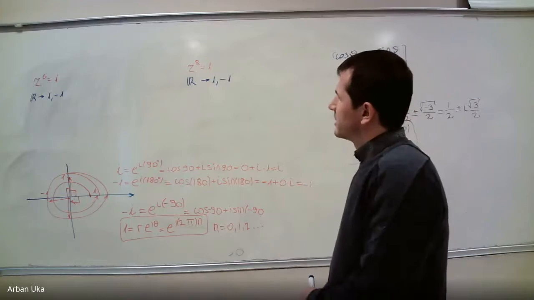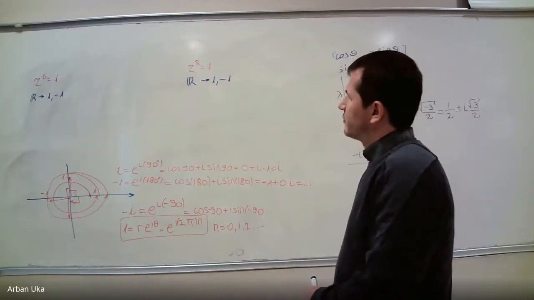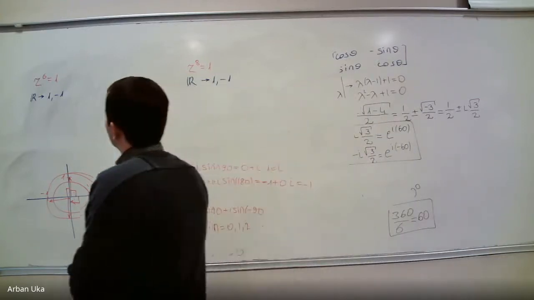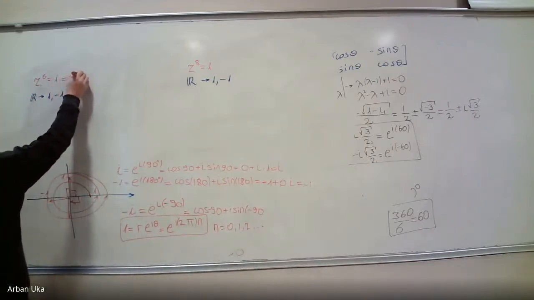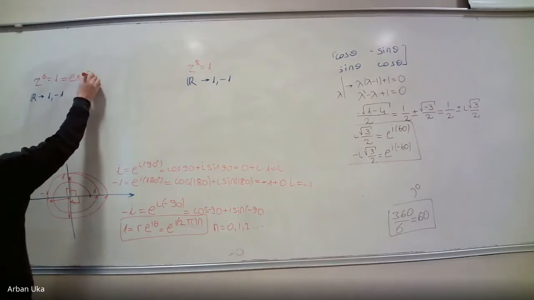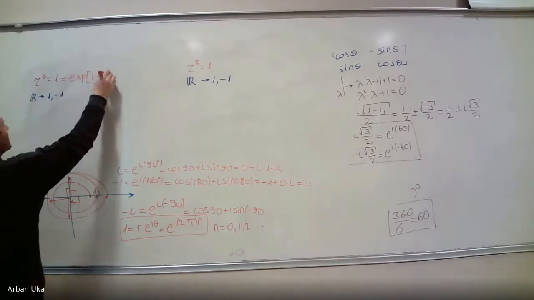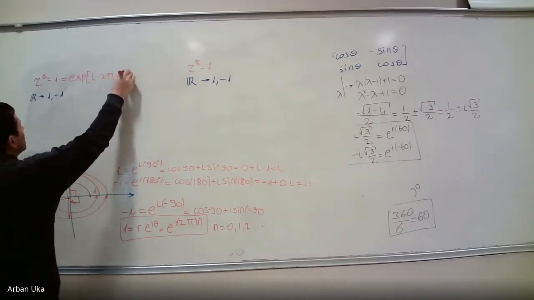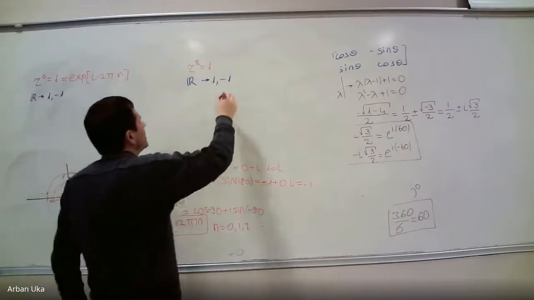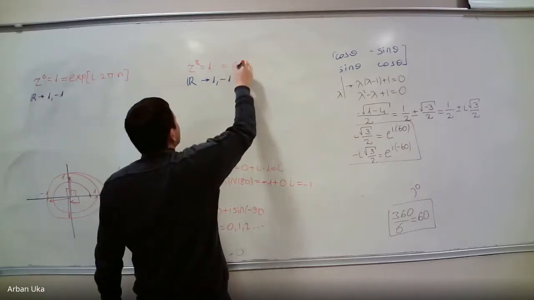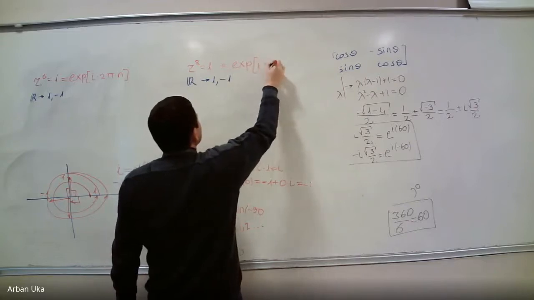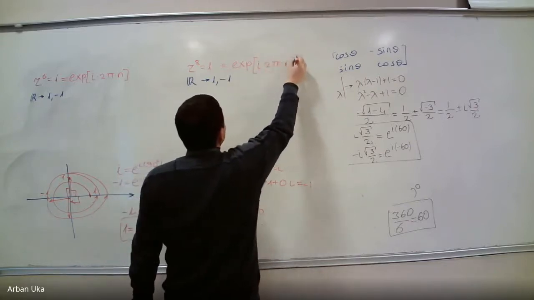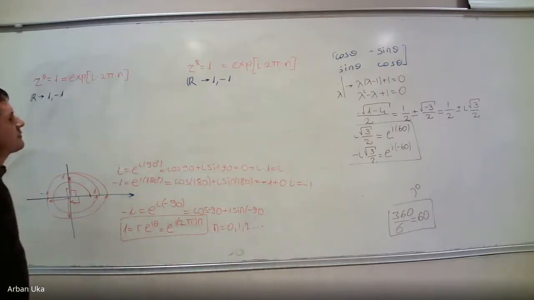Okay. So then, if we're looking for the respective roots, we can write this as the exponential of i times 2 pi times n.